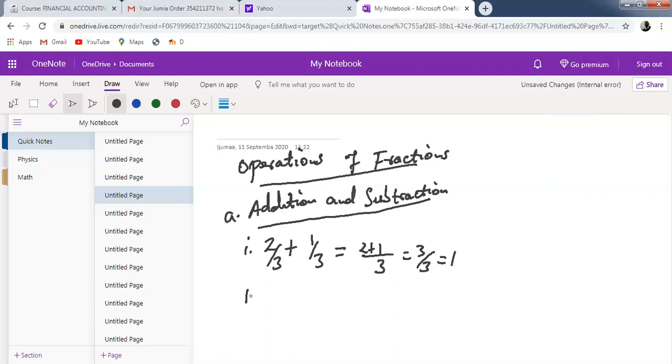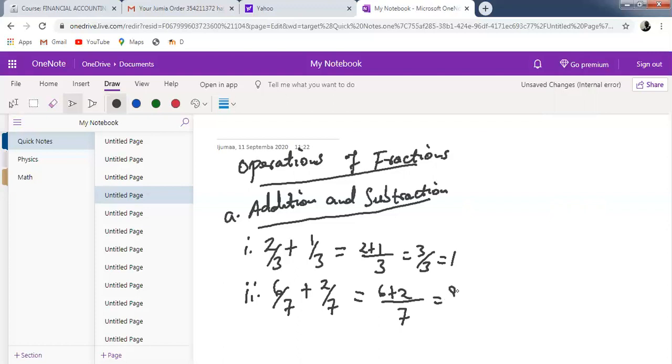So you will find this one is 3 over 3, which is actually 1. So let us look at another case where you have maybe 6 over 7 plus 2 over 7. You will realize the denominators are 7 and 7, and the LCM will be 7. And then you add the numerators, which will be 6 plus 2.